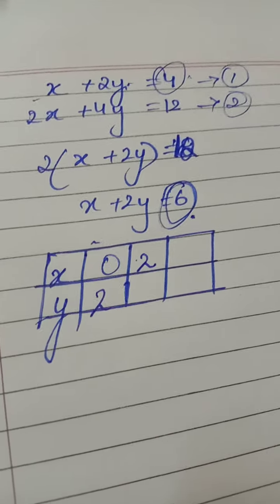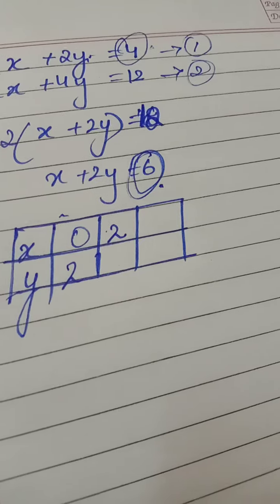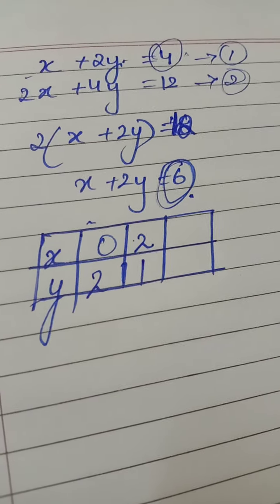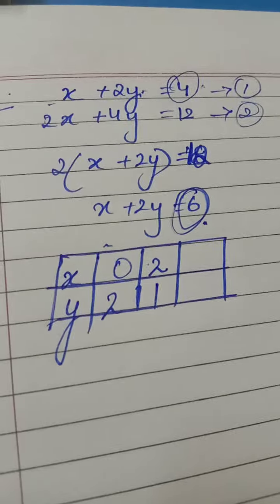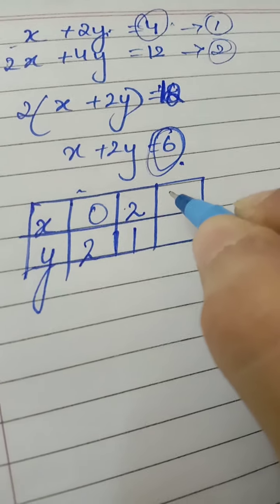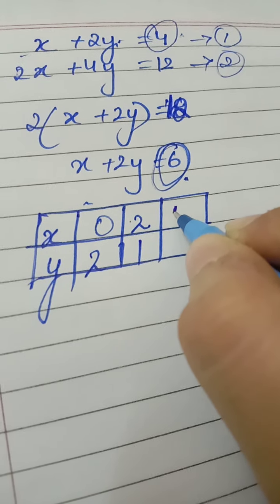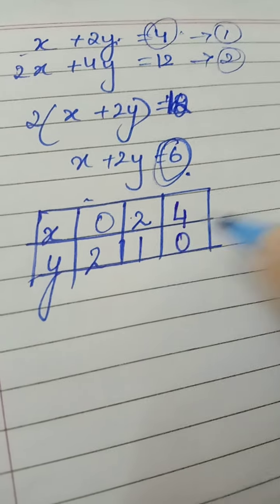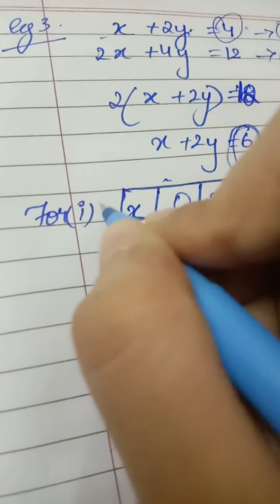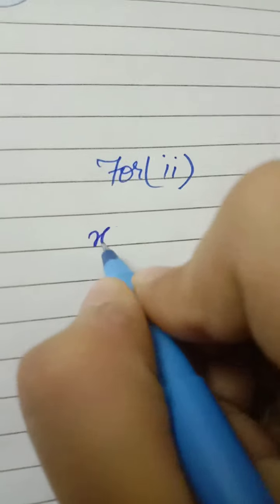Then 2 plus 2y is equal to 4. We get 1. Then we take x as 4. 4 minus 4 is 0 and 0 upon 2 is also 0. So we take 4 and this as 0. This was for the first one. Next, for the second one we have x and y.